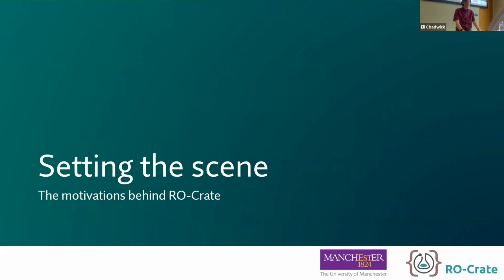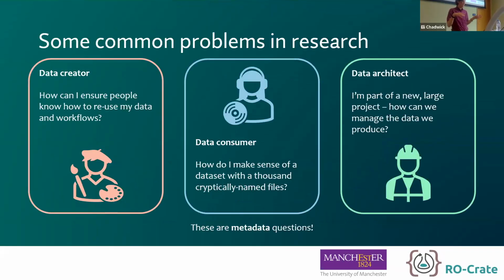So to set the scene a bit, here are some common problems in research, some personas that you might think about. As a data creator, you might ask, how can I ensure that other people know how to reuse my data and my workflows? If you're a data consumer, you might download a data set and then realize you can't make sense of anything in it because the file naming is really weird and you don't understand the data format, and the columns all have these cryptic names in the data files.